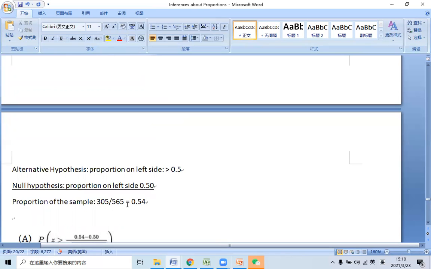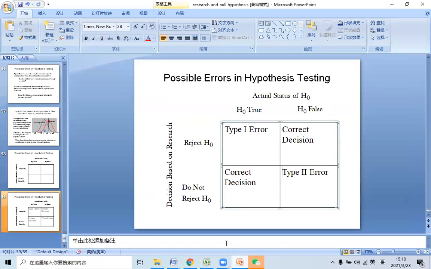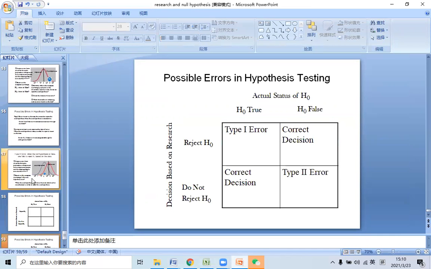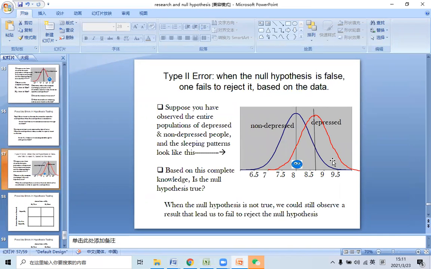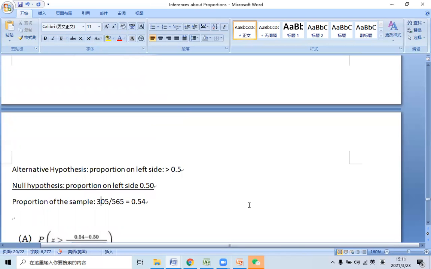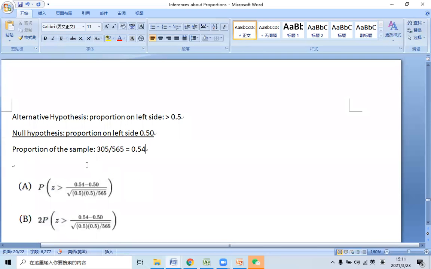In this case, you do a one-tail test. You care about one tail. Which tail? The right tail. You care about the right tail of the normal curve, the normal distribution.